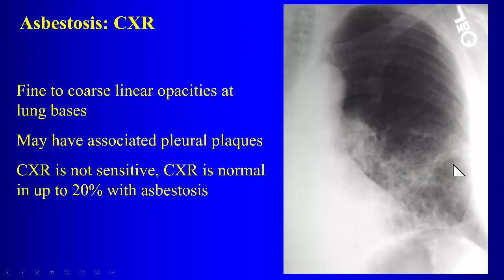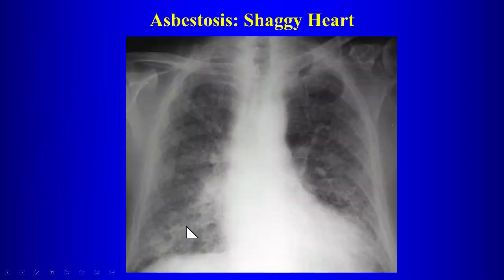Okay? So this can give you fibrotic lung disease, tends to be lower lung in distribution. You might have clues like pleural plaques, pleural calcification, that there has been exposure to asbestos, and so-called shaggy heart, that is just from the fibrosis superimposed on the cardiac silhouette.